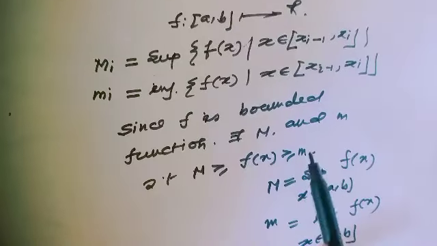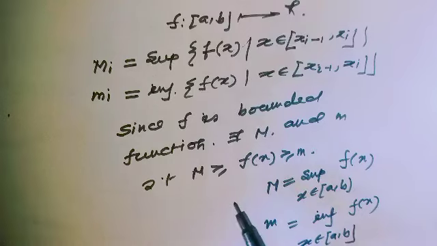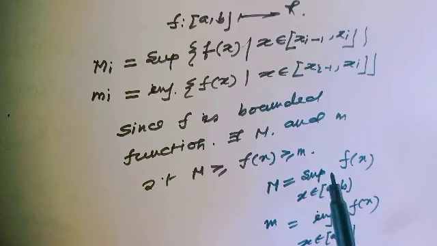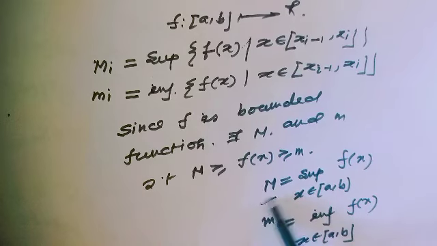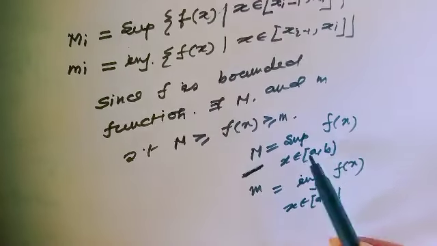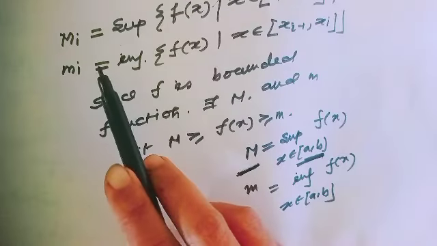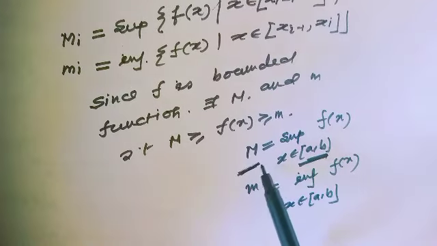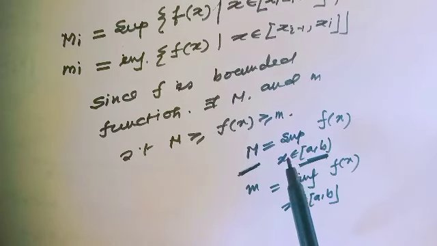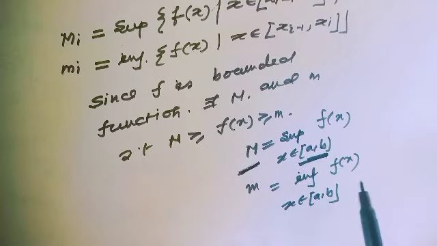That means there exist capital M and small m such that capital M is greater than or equal to f(x) and f(x) is greater than or equal to small m, where capital M is the supremum of the function where x belongs to the closed interval ab, and small m is the infimum of this whole function where x belongs to ab.